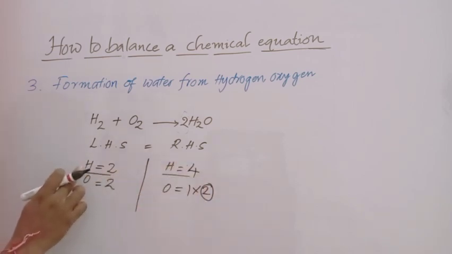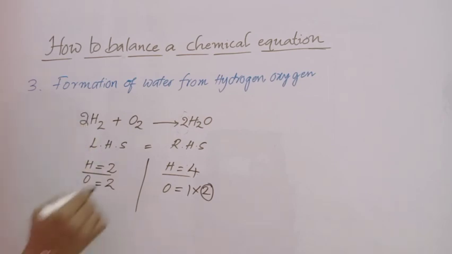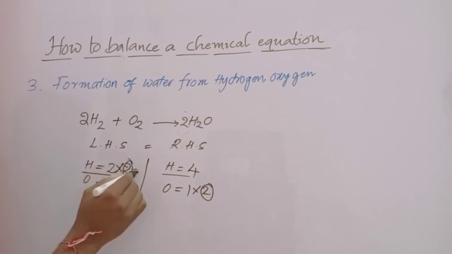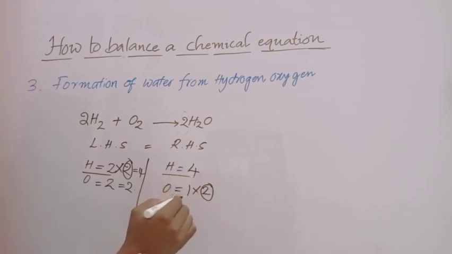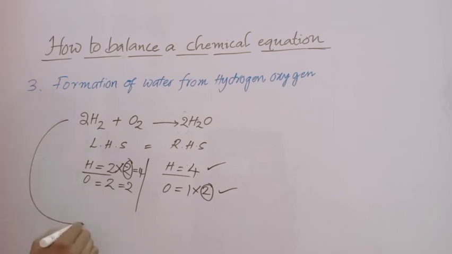How can you fix the hydrogen number? Put a coefficient of 2 on the hydrogen on the left, 2H2. Now hydrogen is 4 and oxygen is 2 on the left, and hydrogen is 4 and oxygen is 2 on the right. Both are balanced. This type of equation is called a balanced equation.